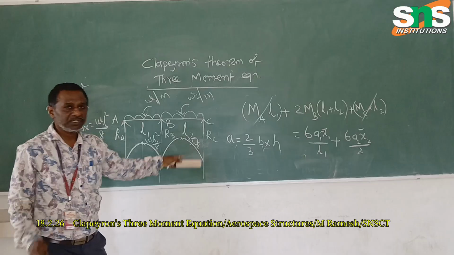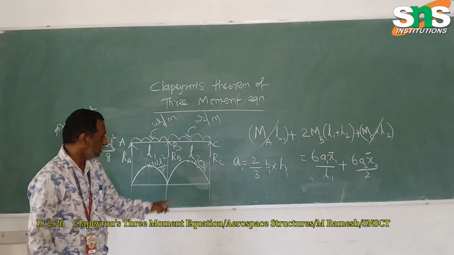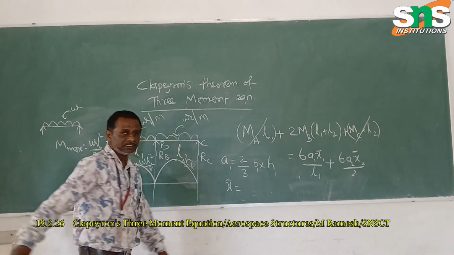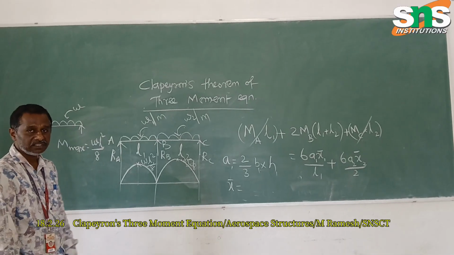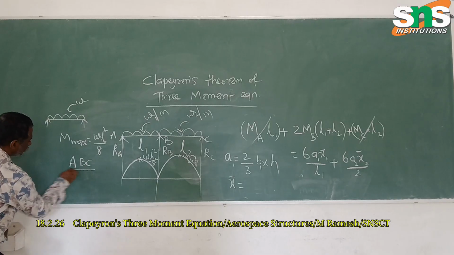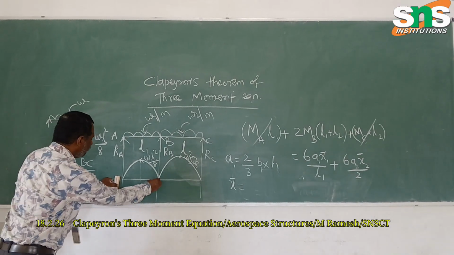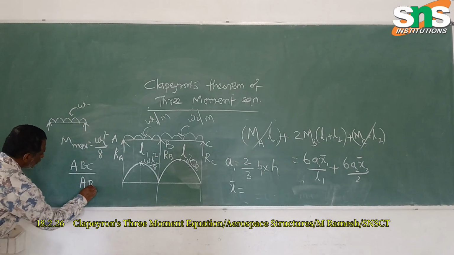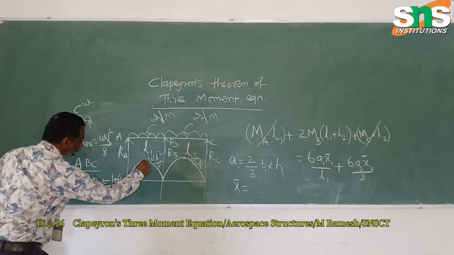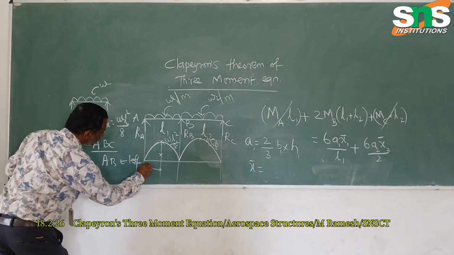After finding this, x bar we have to notify. x bar is nothing but the centroid. So you consider spans A, B, C. Considering region AB, AB is the left side, so let's take this as x1 bar.